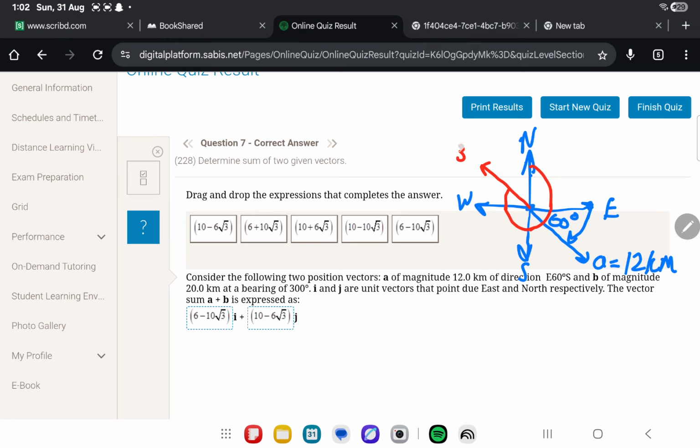So B is 20 kilometers. Sorry, I'll draw that vector back. So it's here, and then A is here. Let me just draw this a bit longer. 60 degrees here. Now they want us to find the sum of A and B.